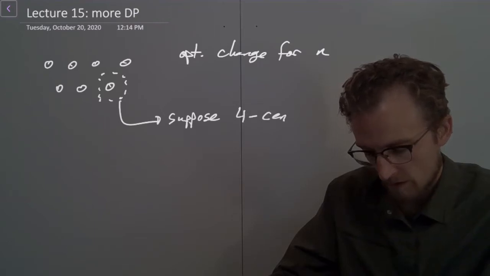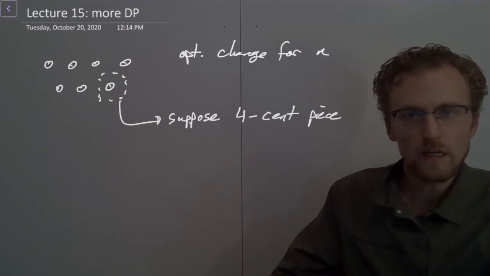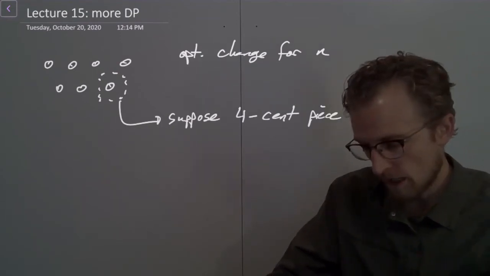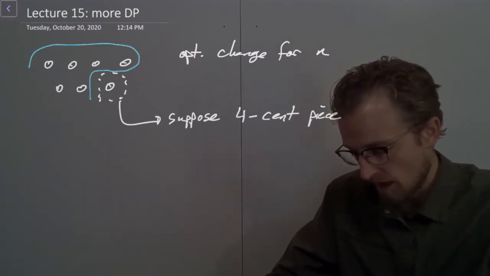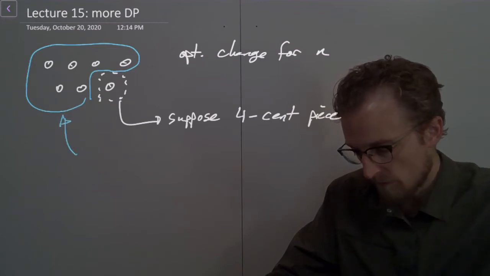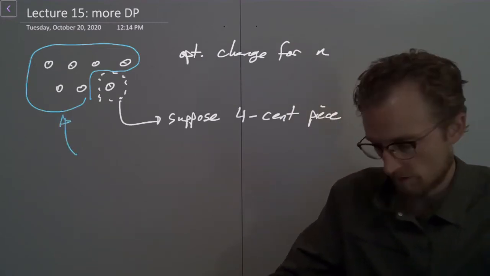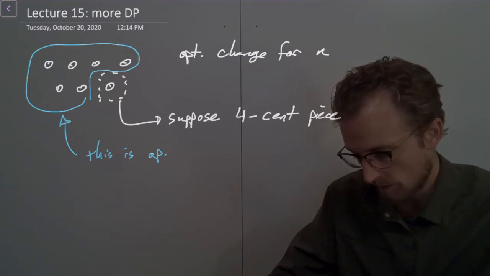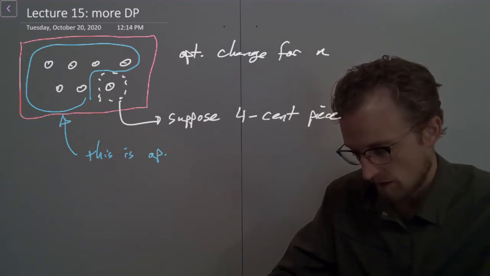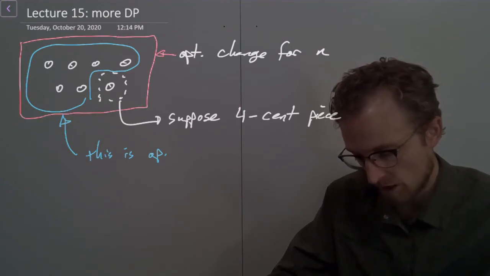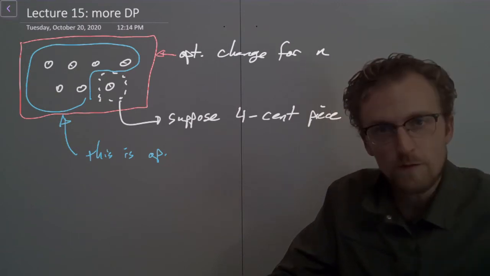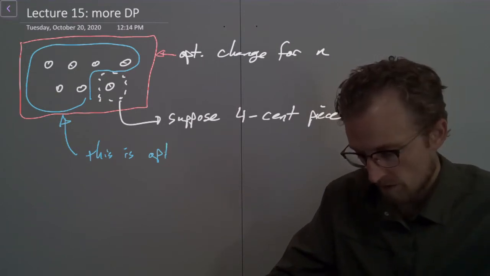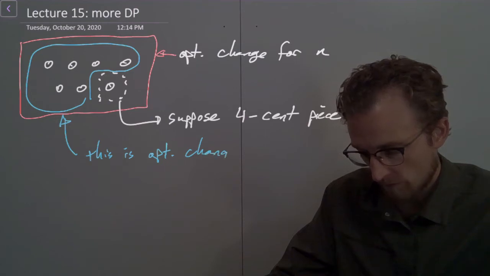So if that's a 4-cent piece, I pick it up and I remove it, and then I look at what's remaining, then this has to be optimal change for n minus 4. So let's make sure that all of our circles here are clear. If this is optimal change for n, then the stuff I've circled in blue is optimal change for n minus 4.